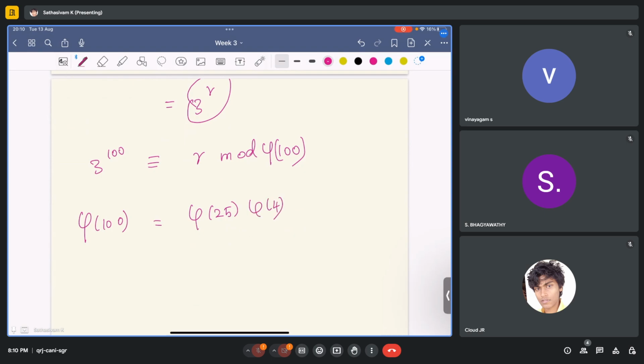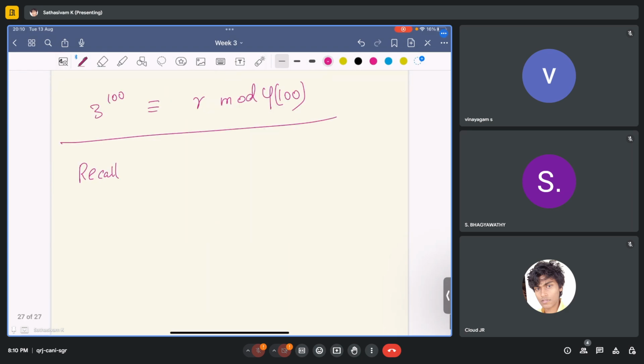I'm not sure if you know the Euler totient function. If you don't know, I will just write a recall. If you look at phi of n, this is a function from integers to integers. So phi of n is basically the number of elements less than n and coprime to n.